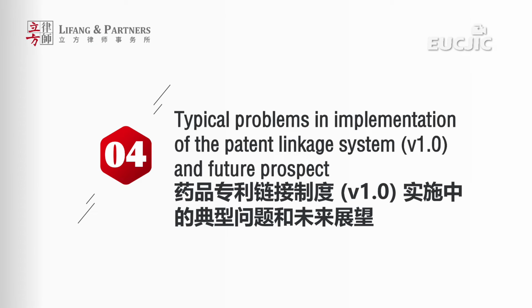So it's interesting to see both the Chinese court and the Chinese Patent Office picked a case where they believe the generic drug does not fall within the protection scope of a patent. And we don't know whether there is any coordination between these two institutions.